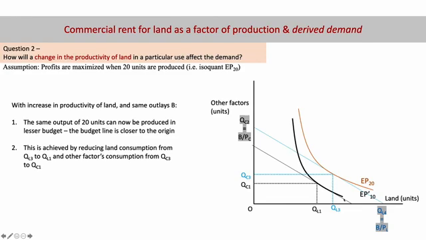So the same output of 20 units can now be produced in a lesser budget and also by lesser consumption of land.